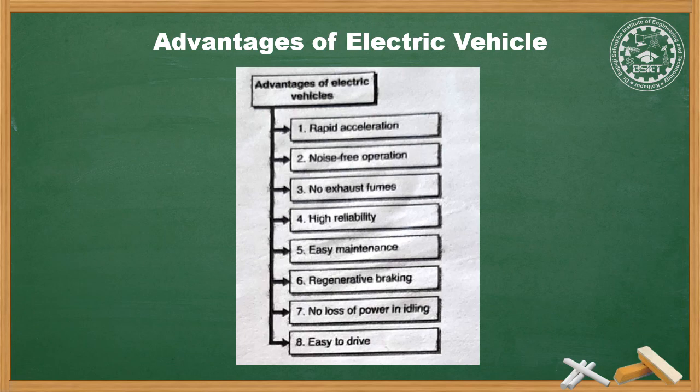No loss of power in idling. An electric motor does not need to idle, thus avoiding the power loss during idling seen in a conventional vehicle. Easy to drive, no clutch operation or gear shifts are required. Full power is available as soon as you step on the pedal.